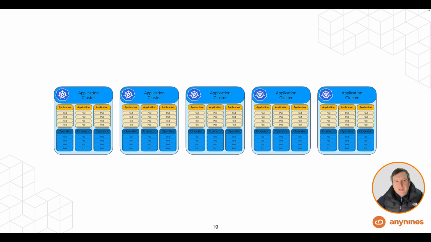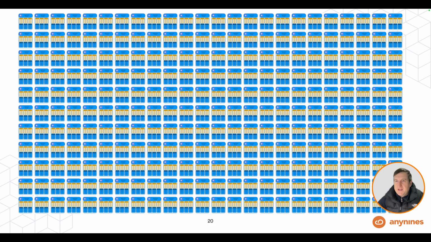But if you multiply that approach, then you basically end up in a situation where every application cluster also is a data service cluster, which means that the team that operates the application cluster, which in a lot of cases will be application developers, would also have to operate their databases.